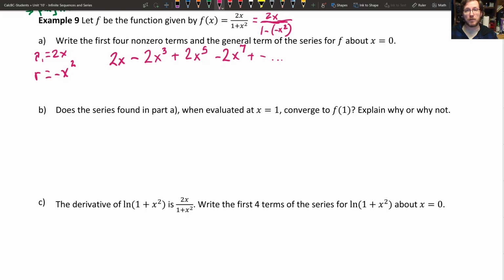And our rule for that, if we think about it as a geometric sequence or series rule, is our initial value times our r value raised to the nth power.